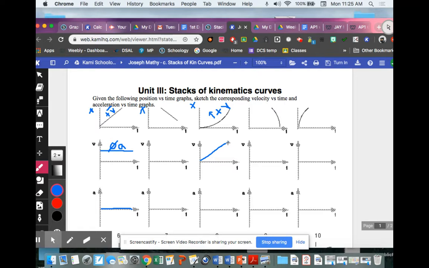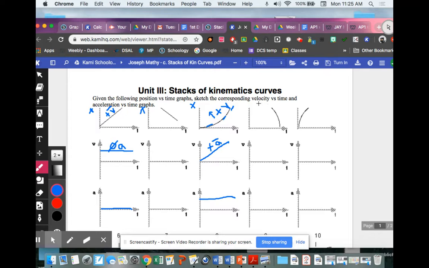Look, my slope is one value here, it's another value here, and then a completely other value right there. So that's increasing positive velocity. And the slope of a velocity time graph is acceleration. So now I have positive constant acceleration. And I would come down here and do this.